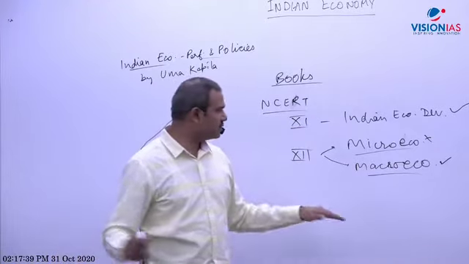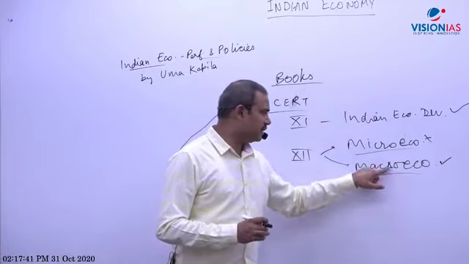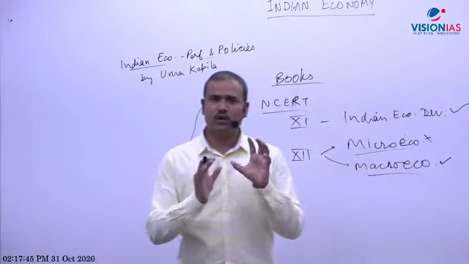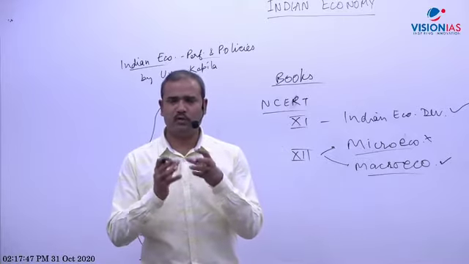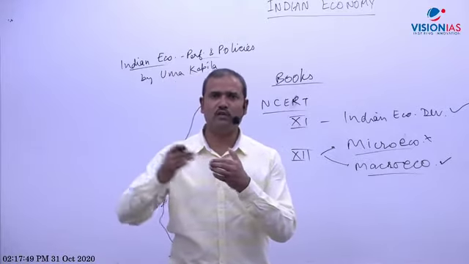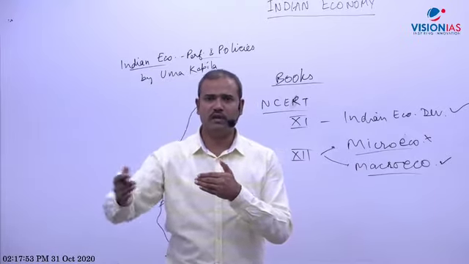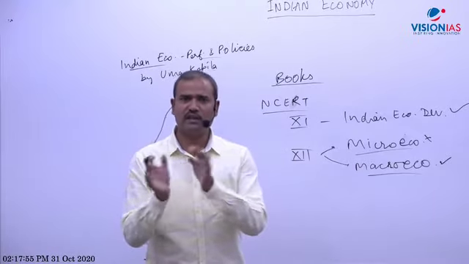Similarly, there's a chapter on the external sector, like balance of payment. You will find only what is balance of payment: the account of a country with the rest of the world, how much money we receive from the rest of the world and how much we are paying to foreigners. But you will find only basics, current account, capital account.